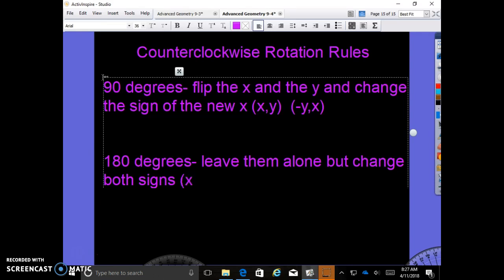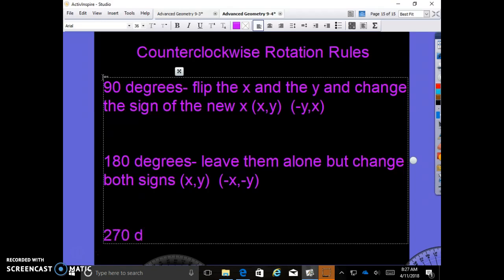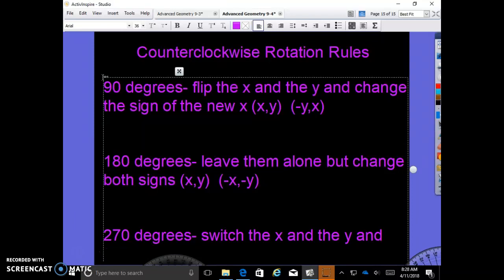So this would be X, Y becomes negative X, comma, negative Y. And then for 270, switch the X and the Y, and change the sign of the new Y. So X, Y becomes Y, comma, negative X.